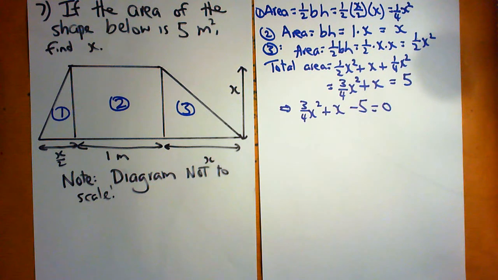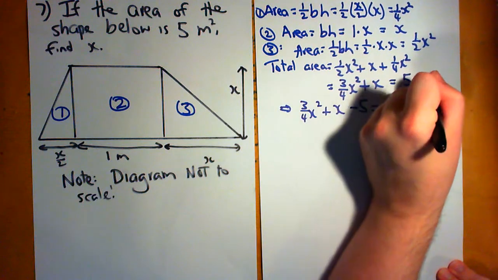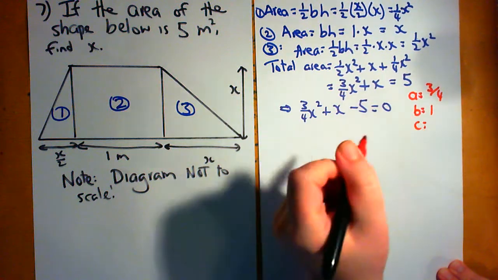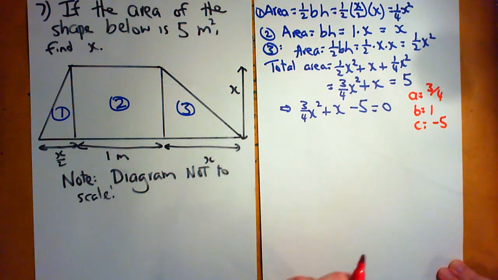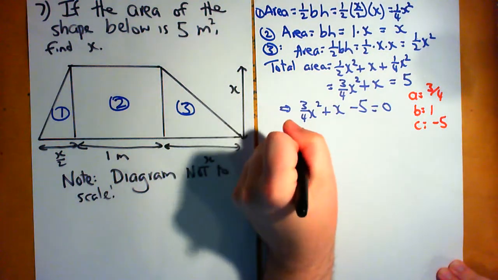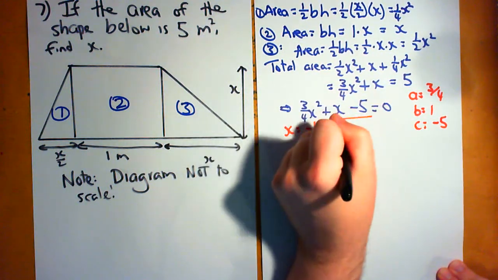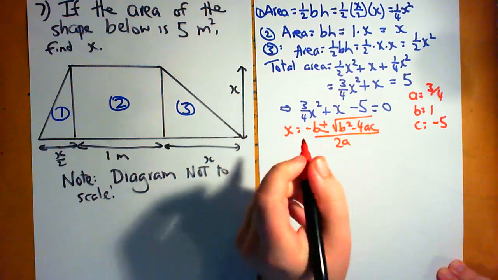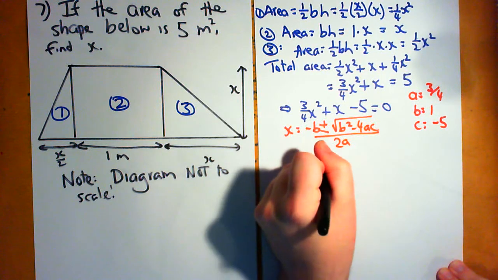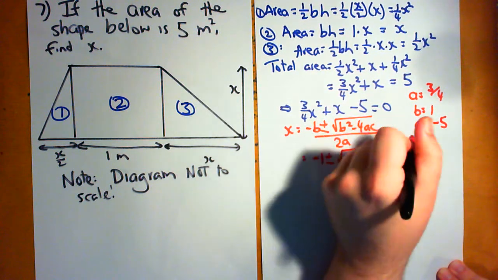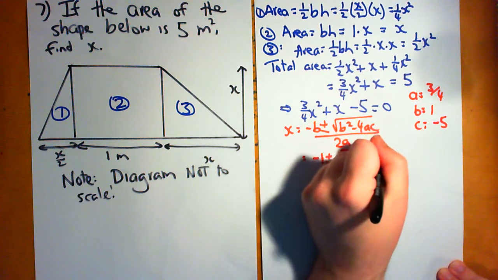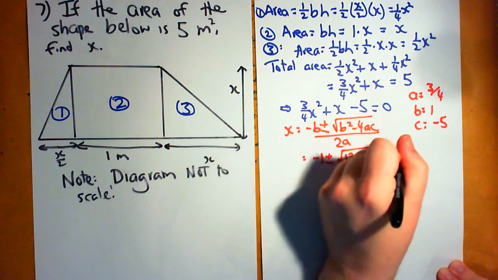So this is, like we say, a quadratic, so we can use the quadratic formula. A is 3 quarters, B is 1, and C is negative 5. If we put that into the quadratic formula, which is negative b plus or minus square root b squared minus 4ac, divided by 2a, we get negative 1 plus or minus square root of 1 squared minus 4 times 3 quarters times negative 5.